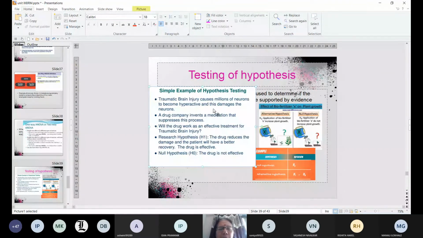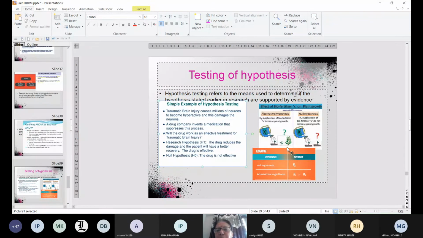For example, over here we believe that the drug is effective, so we say the null hypothesis is the drug is not effective, and the alternate hypothesis is the drug is effective. Through your data analysis and interpretation, you will have to accept or reject this null hypothesis. Okay, I hope I am clear.